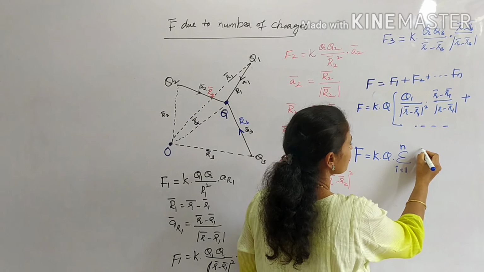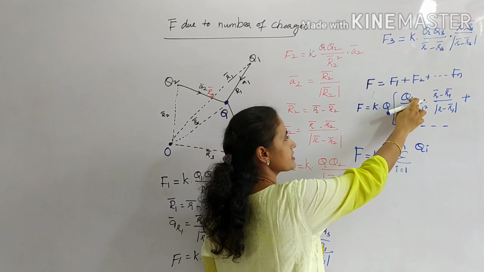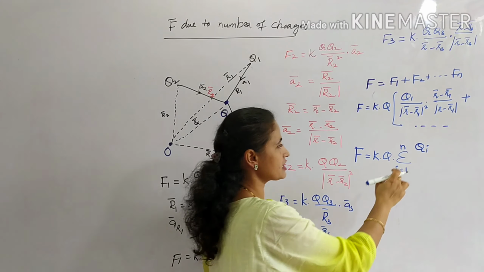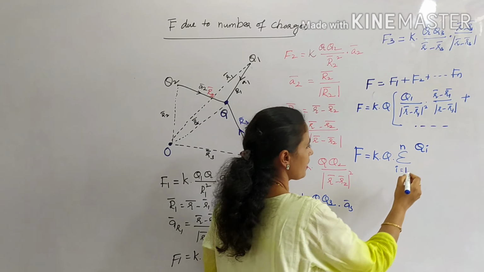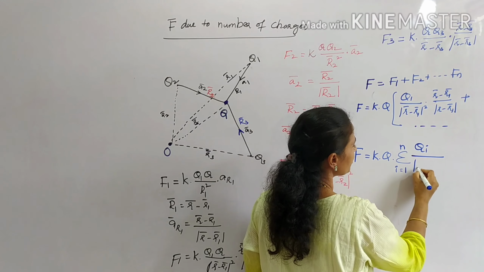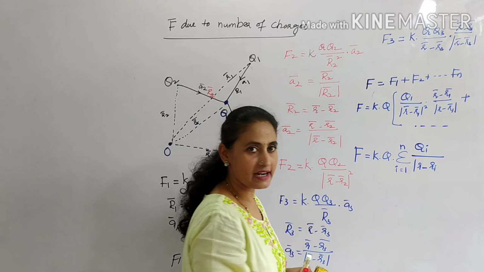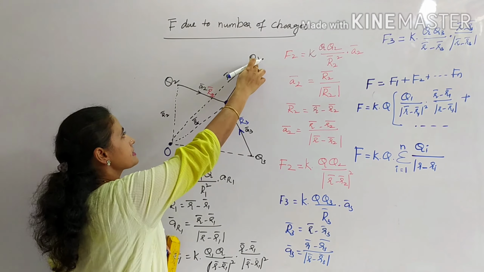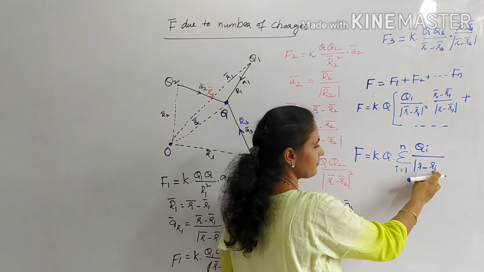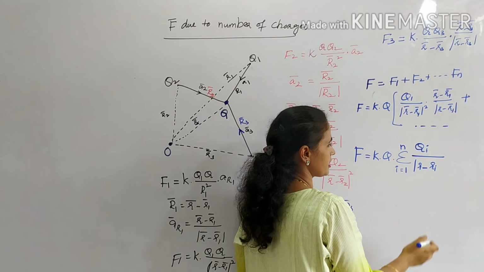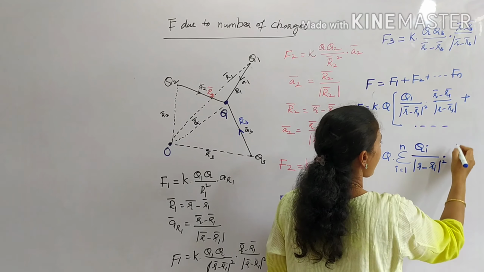If it is due to the first charge, it will be Q1; if due to the second charge, Q2; if because of the third, Q3, upon magnitude of R minus Ri. This is R1 because Q1 is at a radial distance R1 from the origin, right? This i again varies from 1 to n, depending upon the number of charges, into magnitude squared.